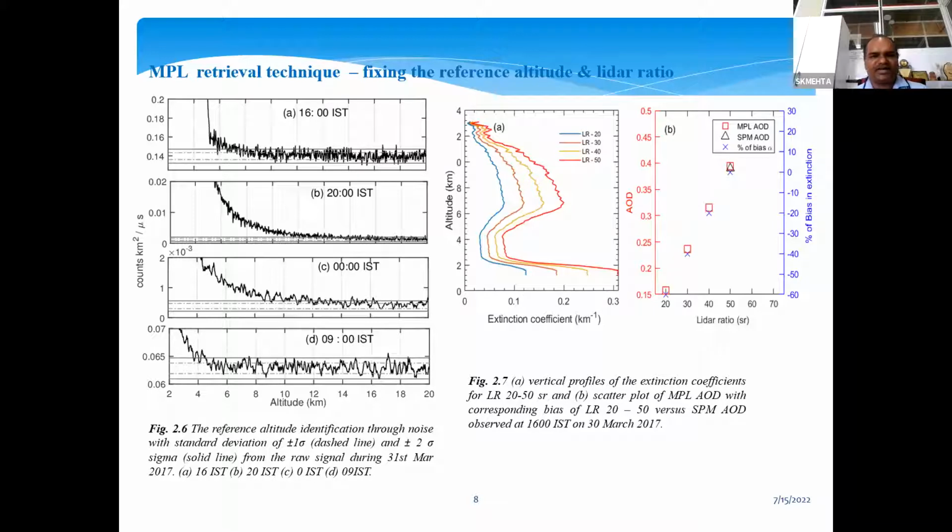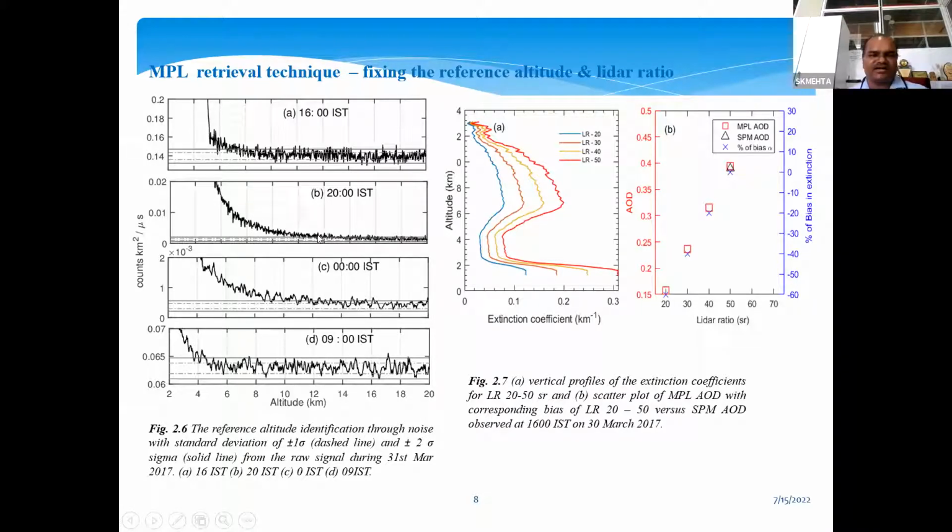So now, how to fix that and get the backscattering and extinction coefficient derived. First of all, we get the reference altitude: we calculate the signal to noise ratio by taking the mean, and we check whether the signal is more than one standard deviation.